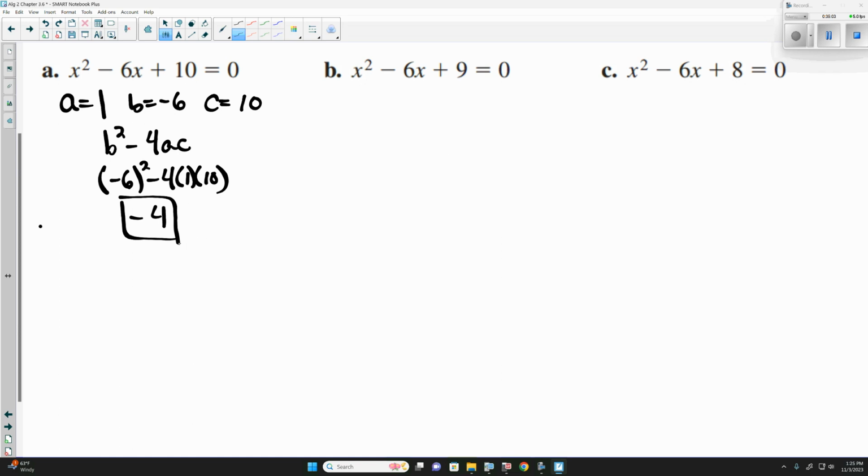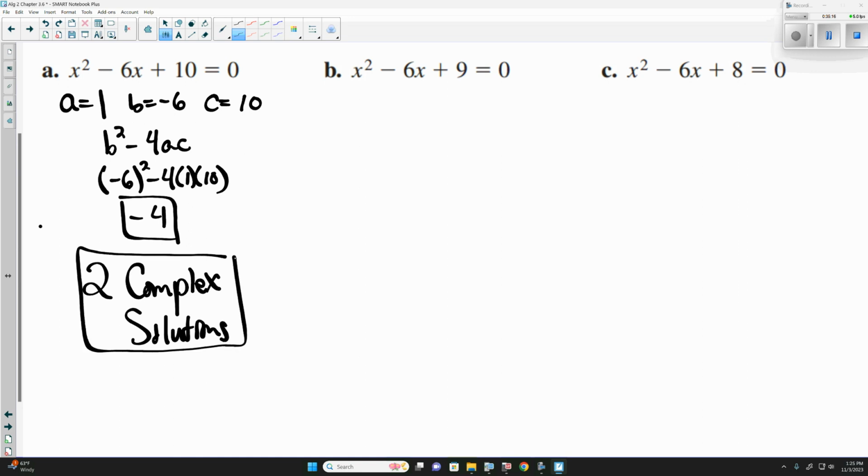Now, since it's less than 0, we do have two solutions, and they would be complex solutions. So since the discriminant is negative, it's less than 0, we have two complex solutions. Because the value of the discriminant, our b squared minus 4ac, is negative 4.